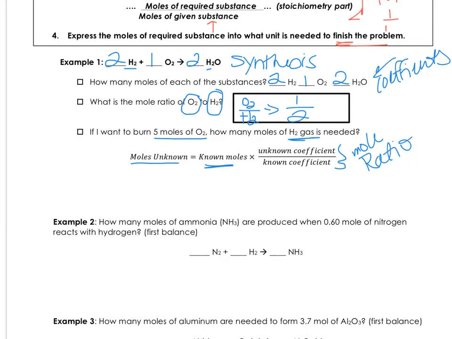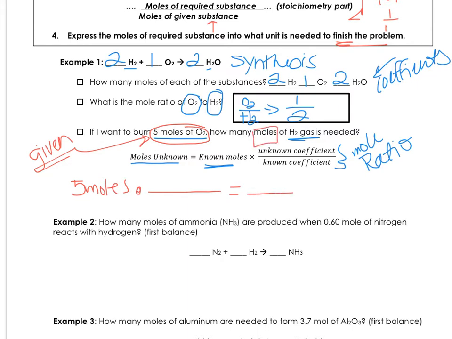All right, so here's our setup. You're going to take your given. The given is 5 moles, and I'm going to label that given. Okay, and you are going to draw a dot line, is equal to, and we want to end up in moles of H2.